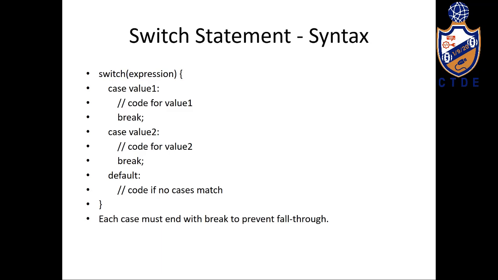You'll see why we have to write it. We want to get out of the switch statement immediately after we find the matching case. Let's say case one matches the value that the variable is holding. Then after executing the code for value 1, we want to exit the switch statement. That's why we say break.